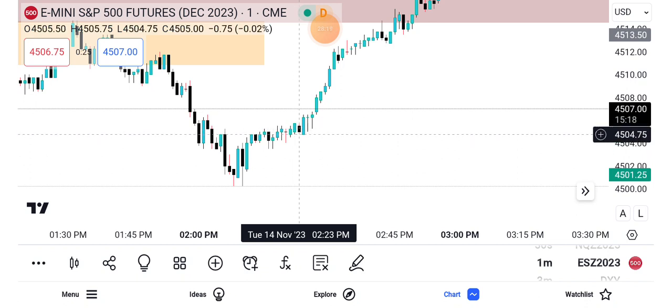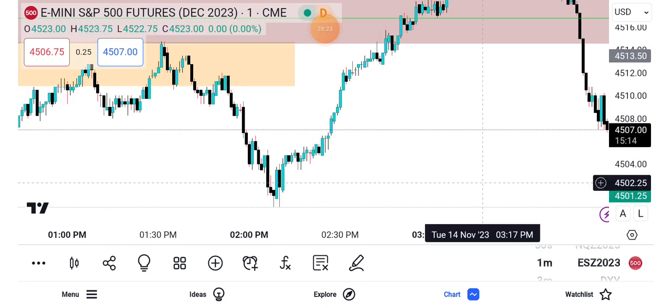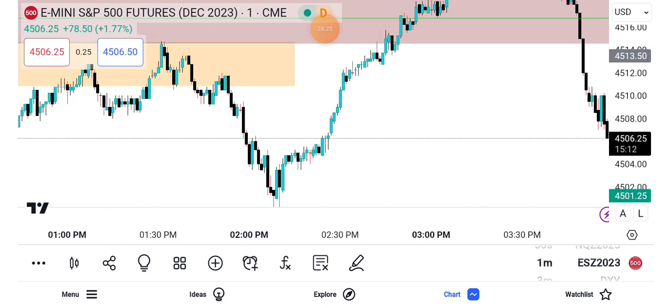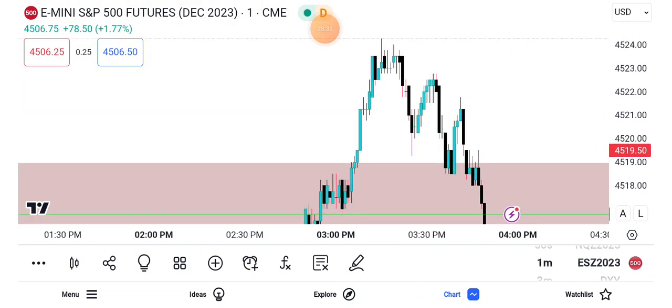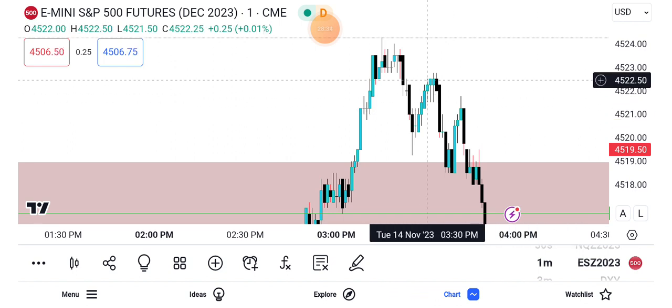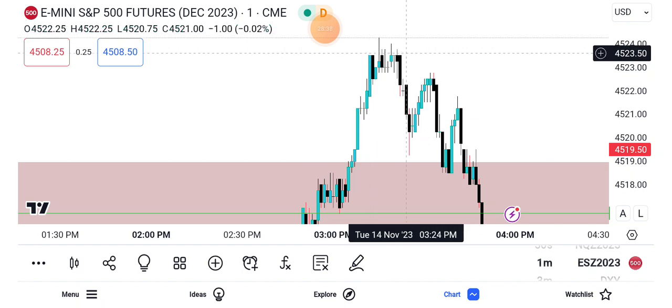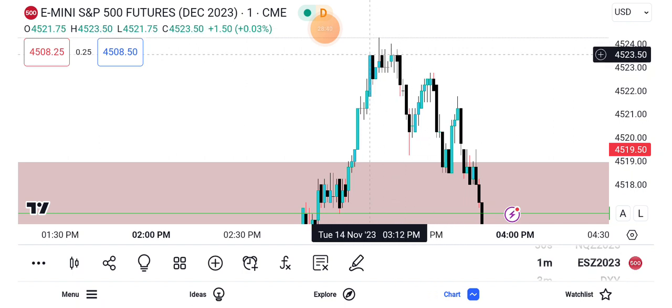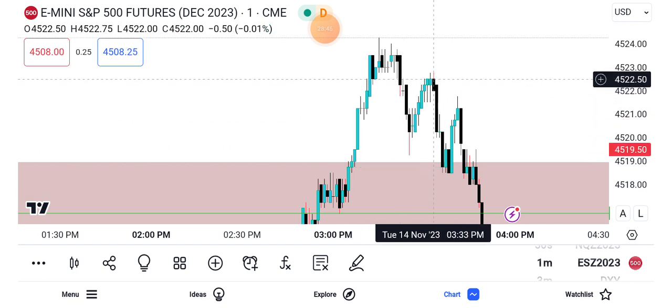Then we had this rally up onto those AM highs. You can see over here our candle closing around that zone. You can see how they were opening and closing, clearly rallied down, then rallied up.